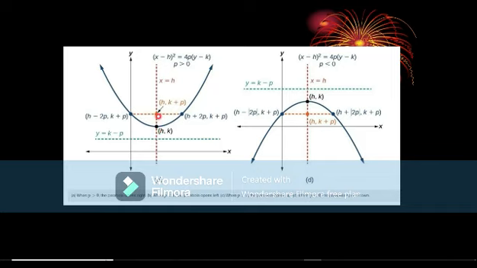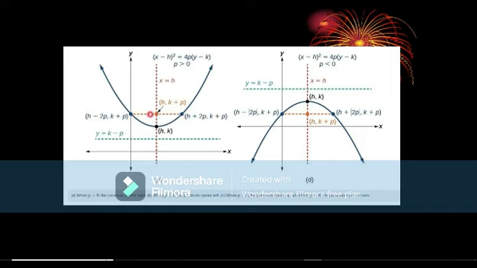By the way, you've noticed that I'm not going to discuss everything in this graph one by one, because you already mastered the parts of the parabola in the previous video lesson. However, I will try to emphasize more the endpoints of the focal diameter, because this is the one that has not been mentioned in the previous video.